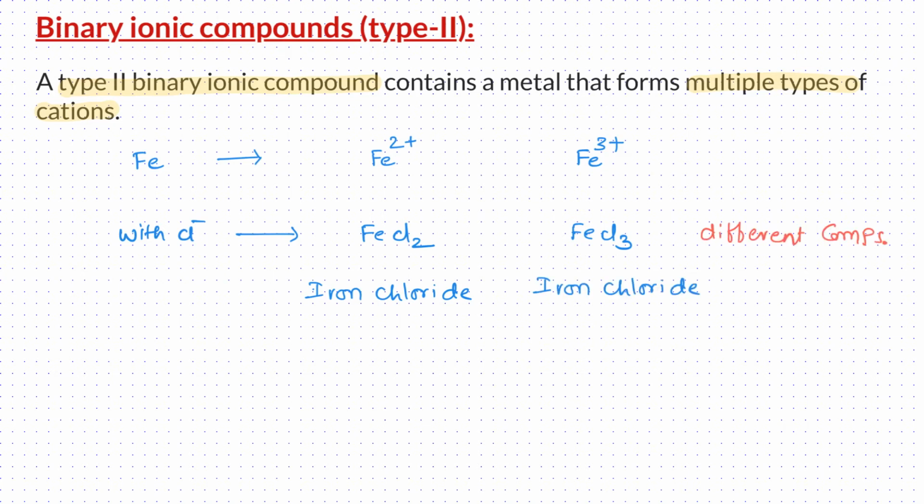We have two different compounds having the same name. Now, two different compounds cannot have the same name. If we do have the same name, we will not be able to distinguish between these two compounds based on their names. Therefore, to differentiate these two compounds, we represent the charge on the cation as a Roman numeral immediately after the name of the cation in the name.